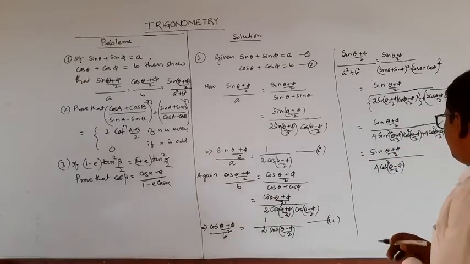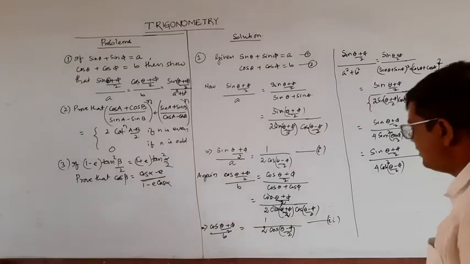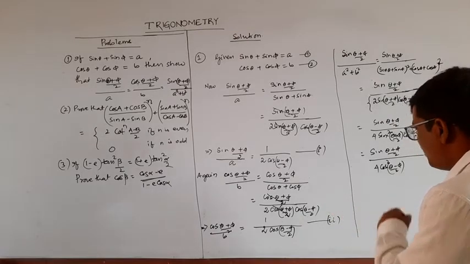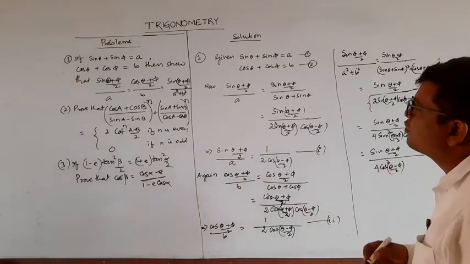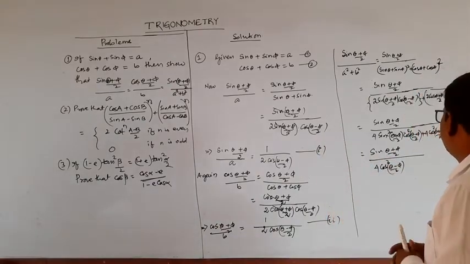So the final answer is 1 by 2 cos((theta minus phi) by 2).